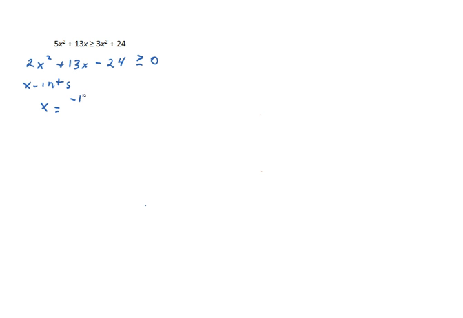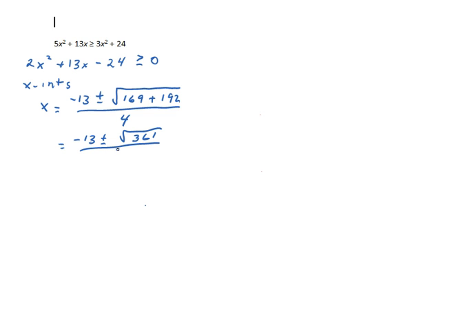X would equal the opposite of 13 plus or minus the square root of 13 squared, which is 169, minus 4 times 2 times -24, which I believe is plus 192, all over 2 times a, which is 4. This gives us -13 plus or minus the square root of 361 all over 4.